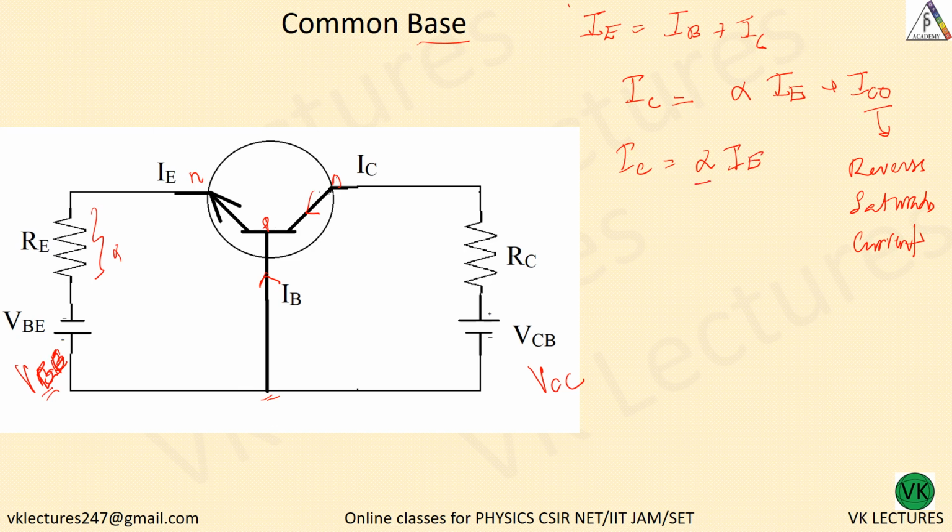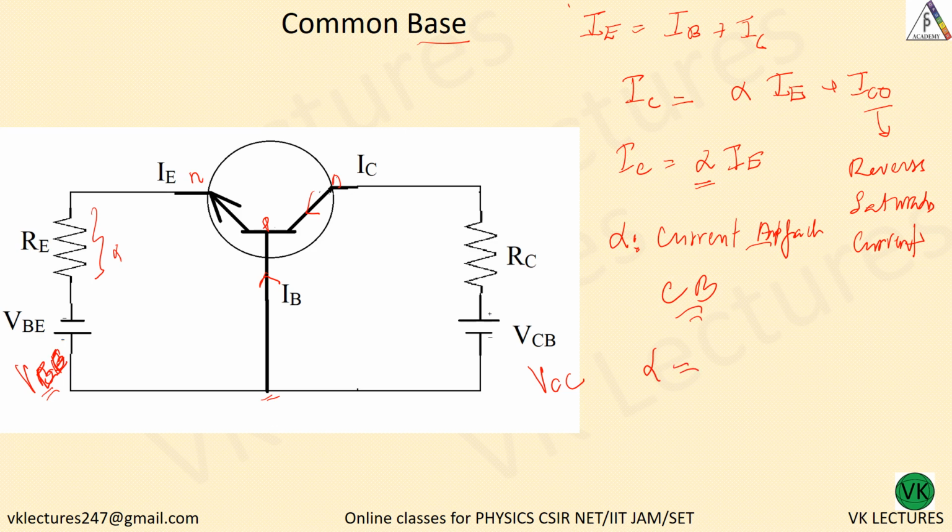And what is this alpha? That is the current amplification factor for common base configuration. Now what can we write?